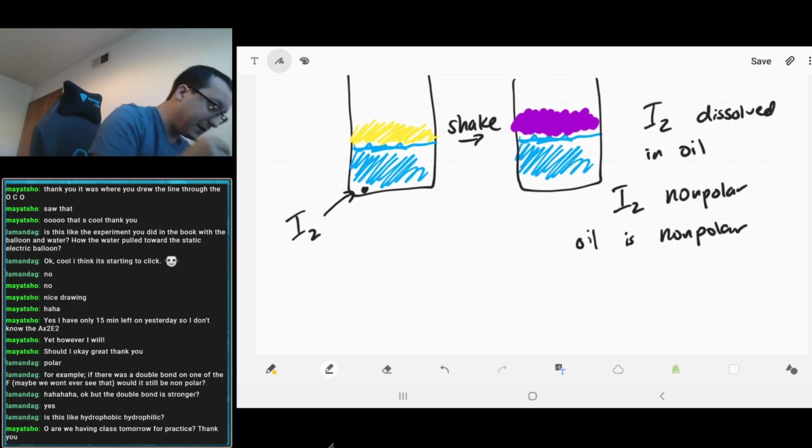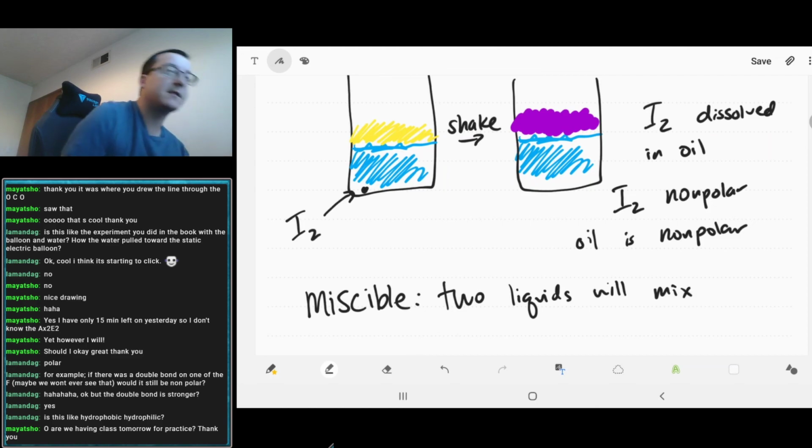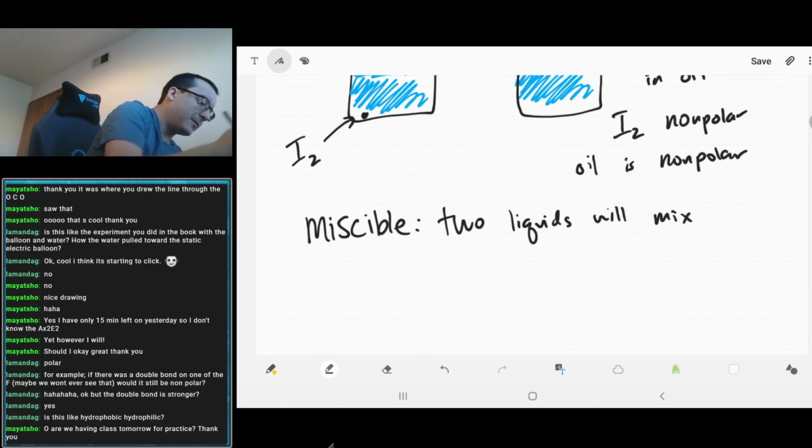By the way, we have a fancy term. It's called miscible. It means two liquids will mix together. The opposite of that is immiscible, which means they don't mix.